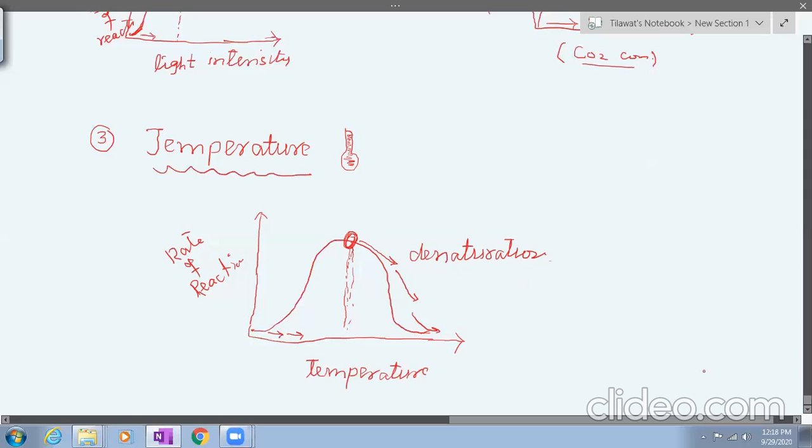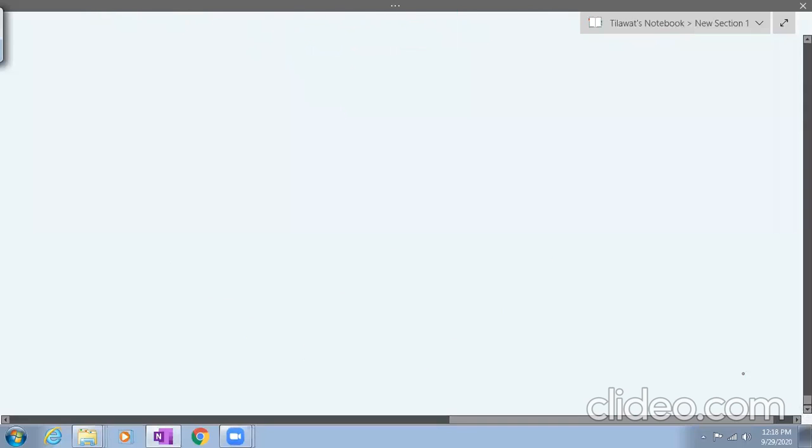Now let's see, we are going to prove that limiting factors have an effect on the rate of photosynthesis. The first experiment: I'm considering two factors.